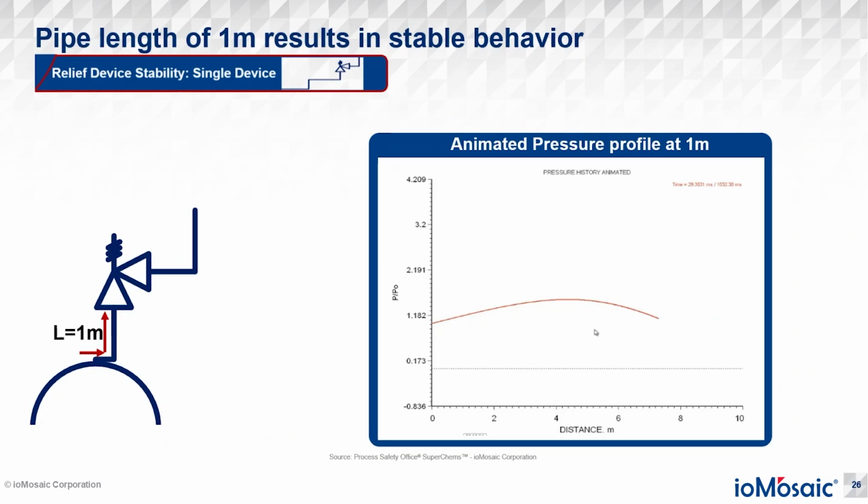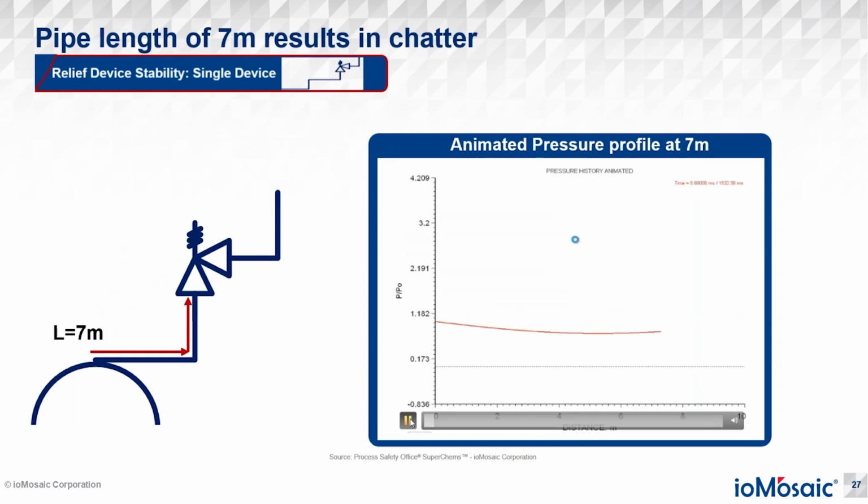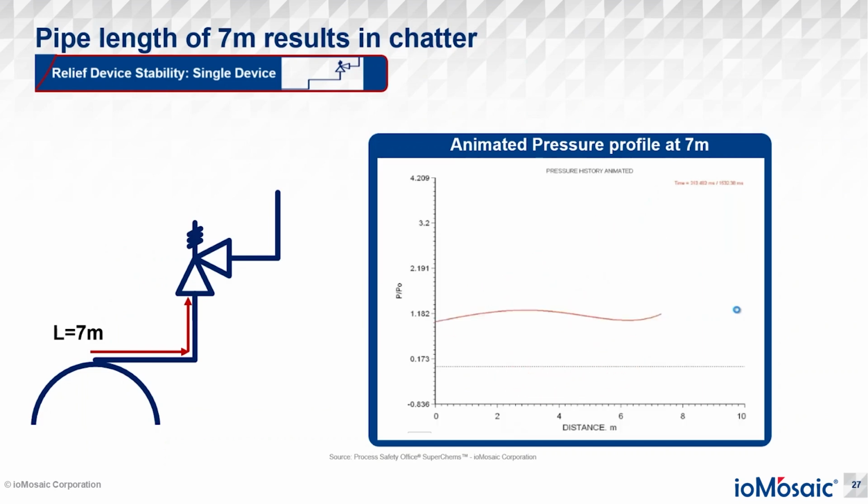But as we increase in length, we can see a very different behavior. If I press the animation here, we're getting going with the pressure, the PSV is opening and closing, and we can see a coupling between the pressure wave motion and the PSV motion, the movement of the disc going up and down.